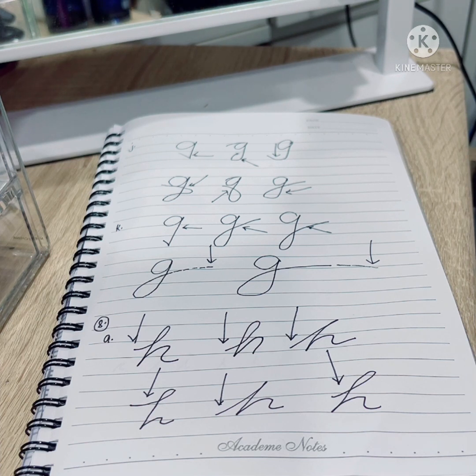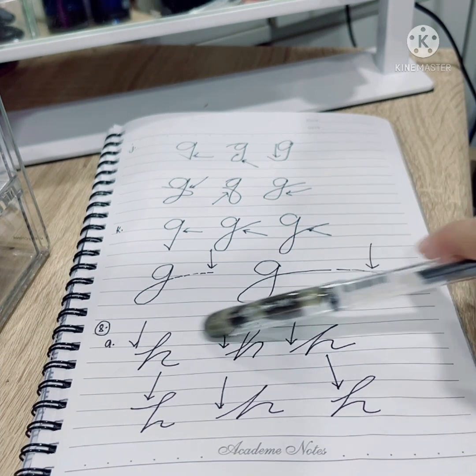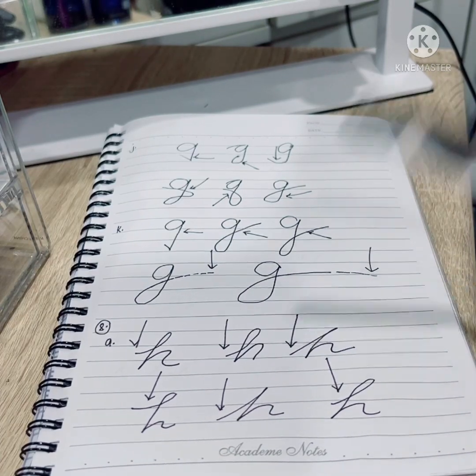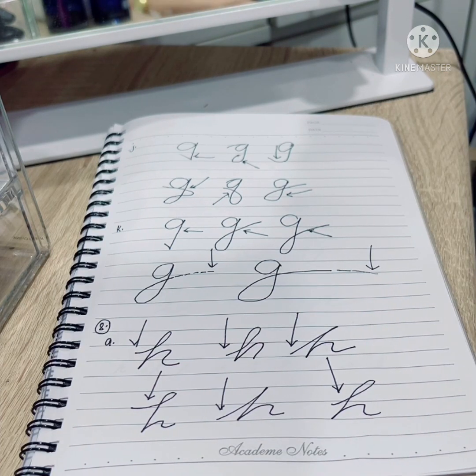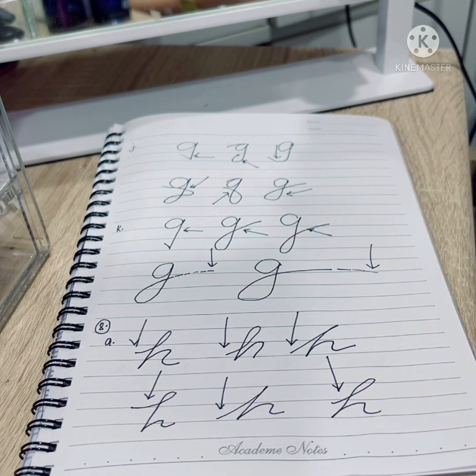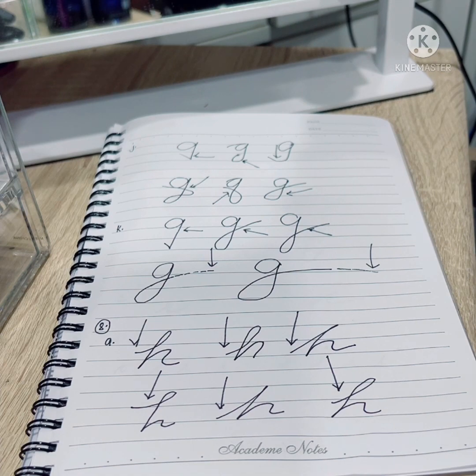A. Is there an initial upstroke? If so, note the position of starting upstrokes, straight and curved. At what angle does it rise? B. Examine the loop as for small letter b.